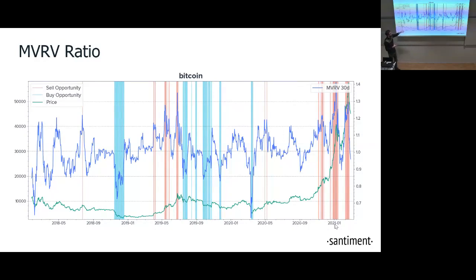So when Bitcoin's MVRV ratio hits this predetermined threshold based on historical data, if it hits a peak MVRV threshold, we sell. And then if it hits a bottom MVRV threshold, we would buy, simply using on-chain or sort of crypto-native metrics.